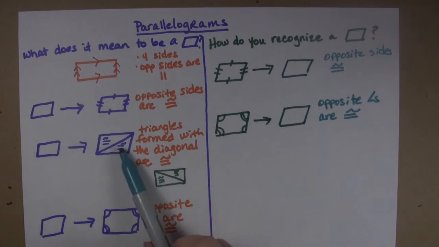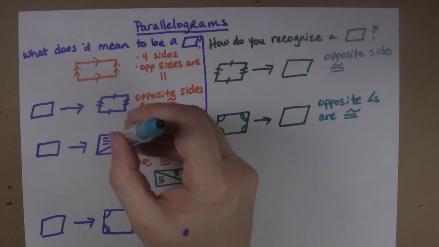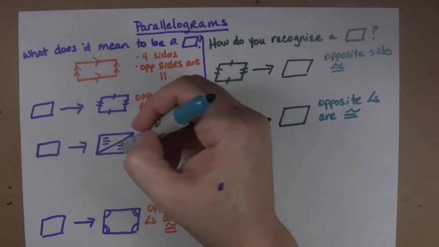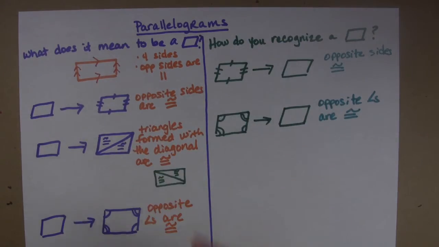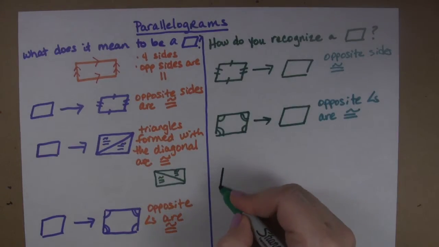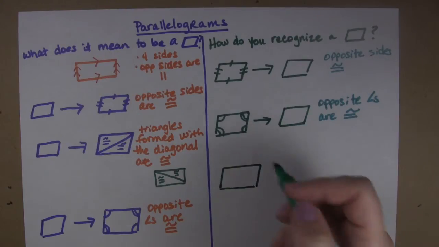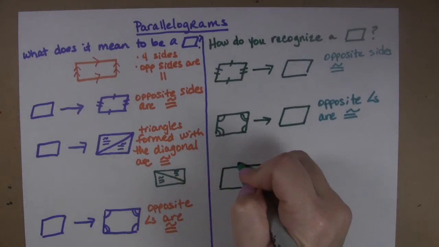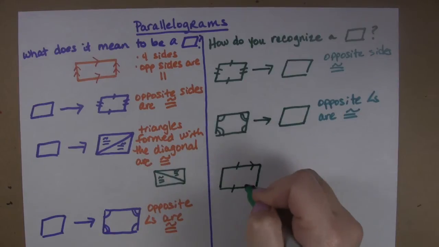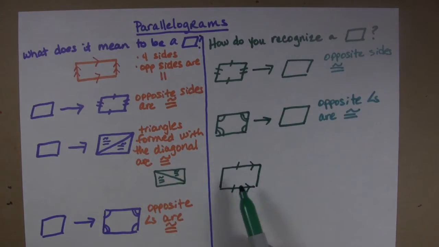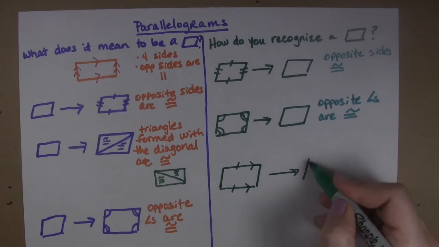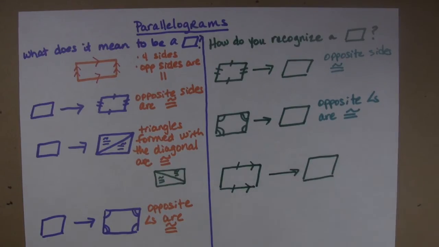Now, unfortunately, the converse is not necessarily true, that if you have congruent triangles on the diagonal, then you automatically have a parallelogram. You can't say that, but you can say this. You can say that if you have a four-sided figure and one pair of the sides is both congruent and parallel, then you know you have a parallelogram.